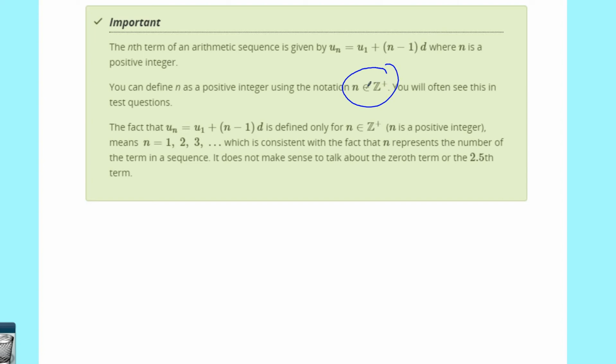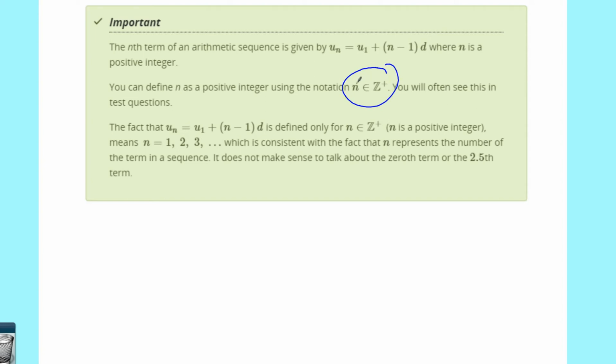Z represents the integers. That's how you get into subsets, whole numbers, natural numbers, counting numbers, things like that. I can explain that to you later if you want, but for this, you just want to recognize that Z represents integers.